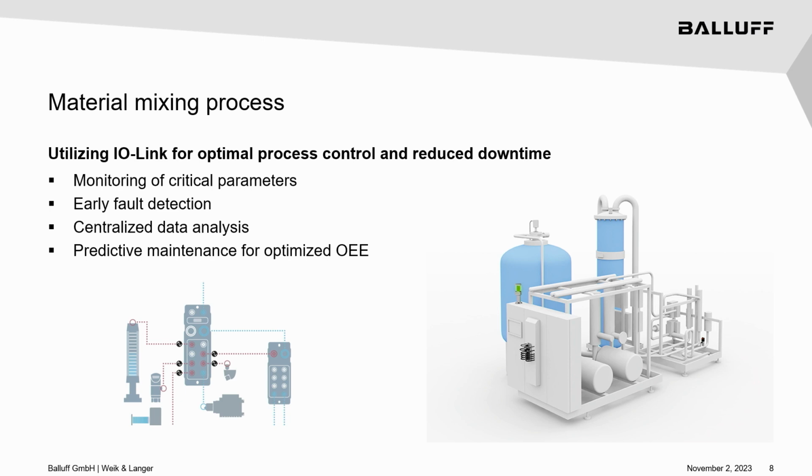But this is already where IO-Link as a technology can play a big beneficial role, playing a kind of facilitator role to bring all the sensor data being generated there in a streamlined way, for example, through the IO-Link master to the PLC.